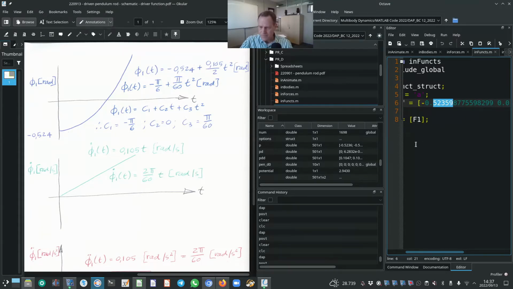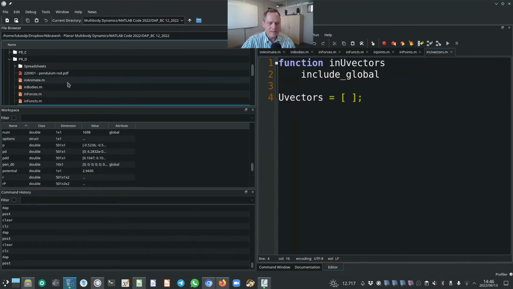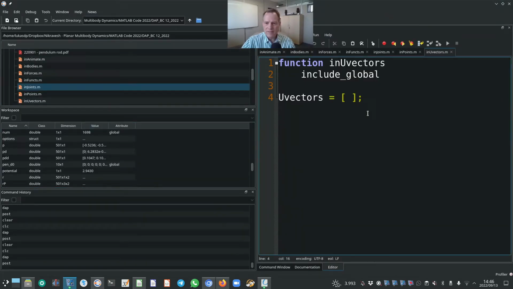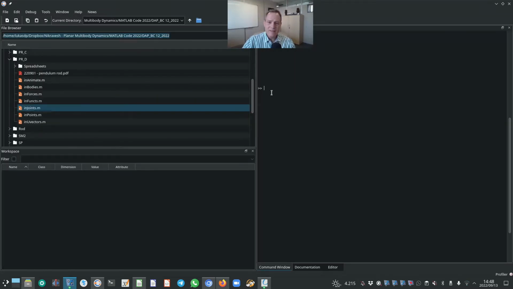Our C2 is 0,0, which is exactly what we determined previously, and our C3 coefficient is 0,05234, which is 0,105 divided by 2. The last Matlab input file that we have to consider is the function in U vectors, and that's as before with lecture 2, an empty list.